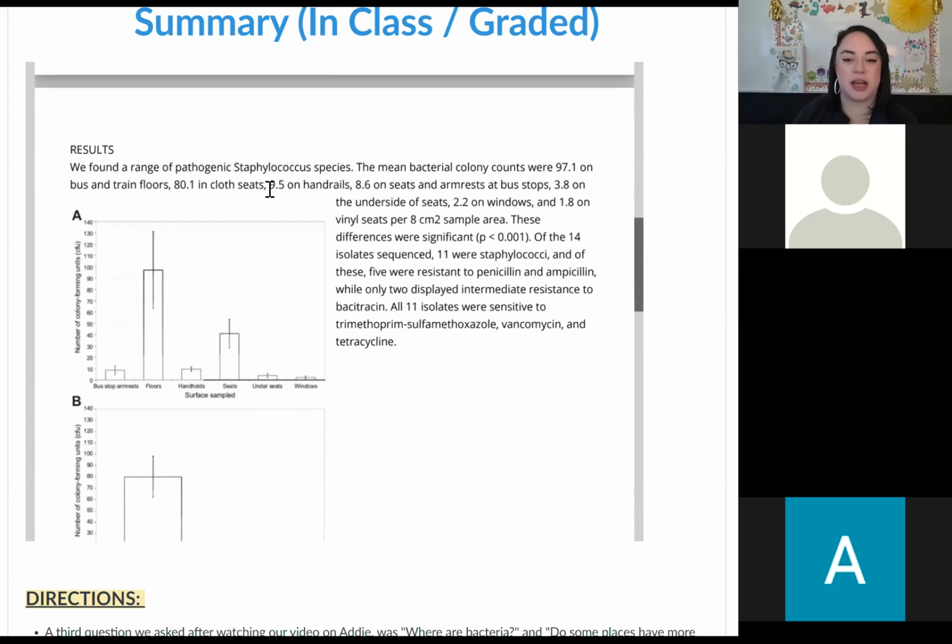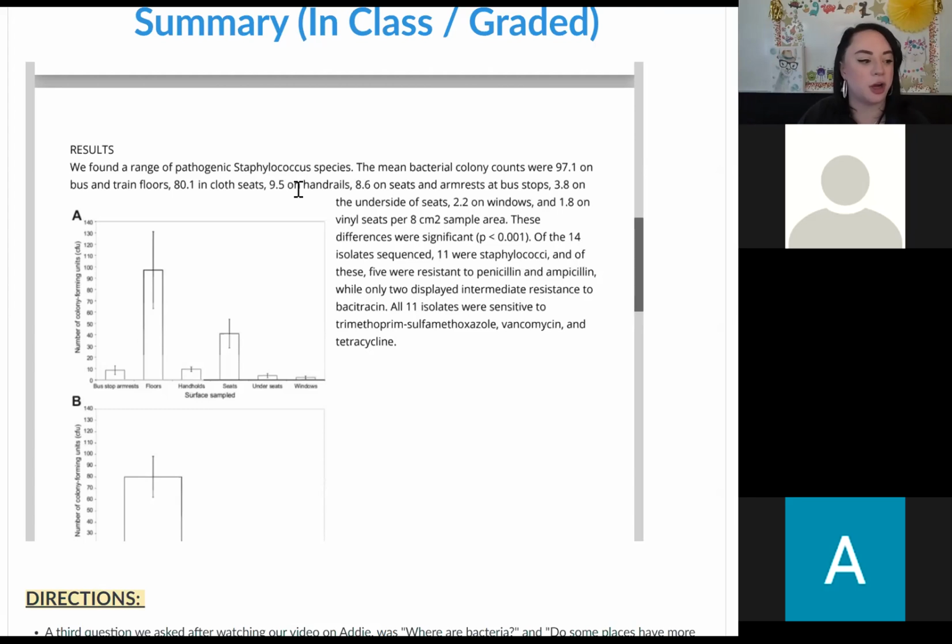What does pathogenic mean? Like a pathogen. If you hear that word, what does that make you think of? Staphylococcus is the type of bacteria, but it's saying they're pathogenic.